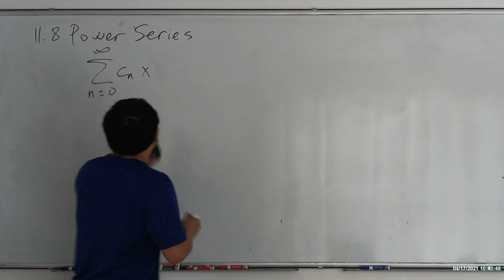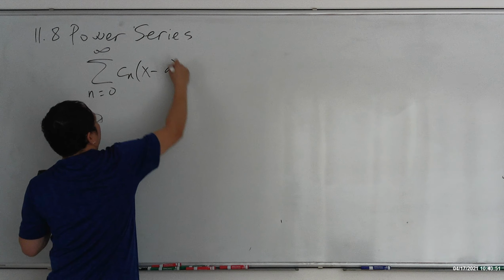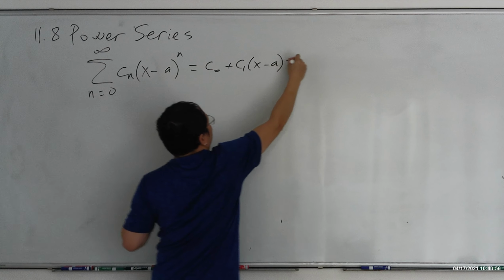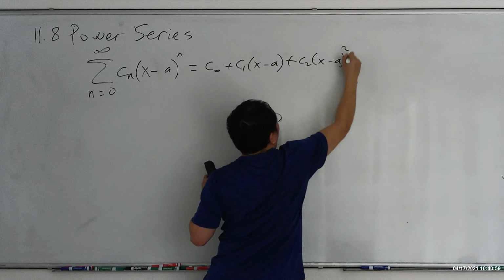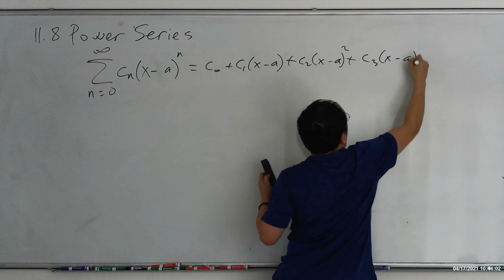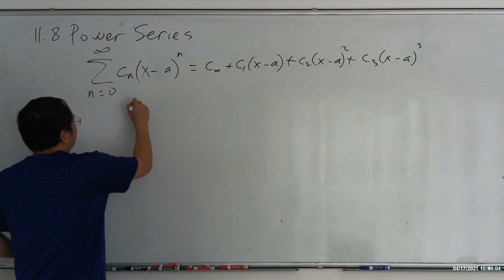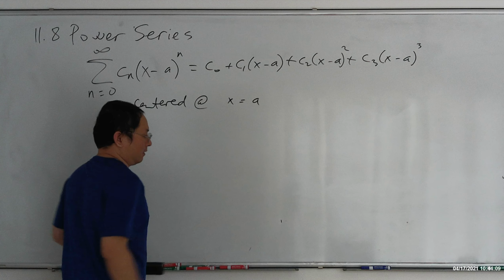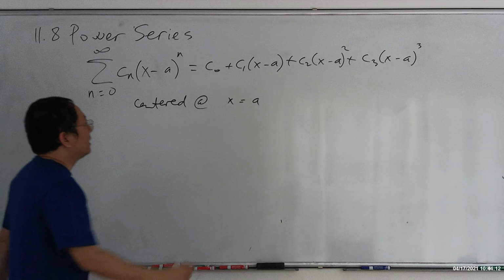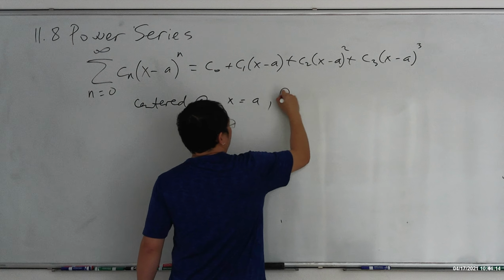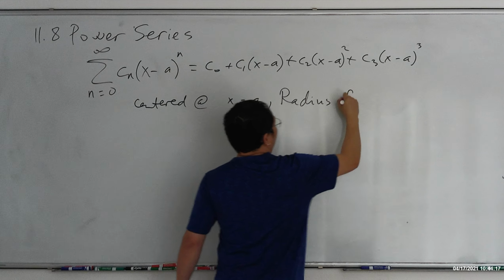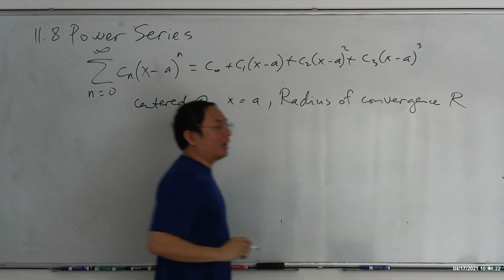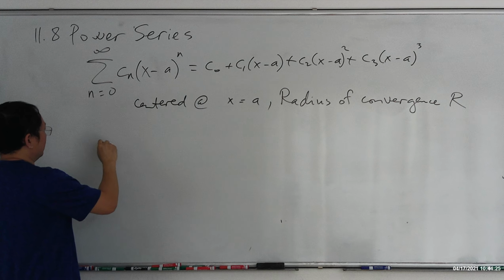You have a power series, the sum of Cn (x minus a) to the n, which is C0 plus C1 (x minus a) plus C2 (x minus a) squared plus C3 (x minus a) cubed. This is a power series centered at x equal to a, with radius of convergence r. Then we have 3 cases.